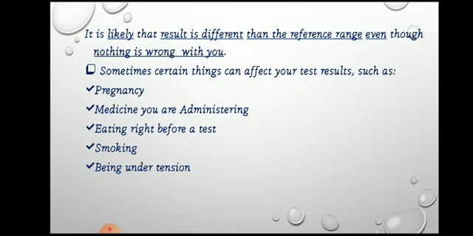Further, we have also seen the different types of test results: positive results or negative results. Positive test results mean the substances are found to be present in the tests. The amount might be higher or lower than the normal values.